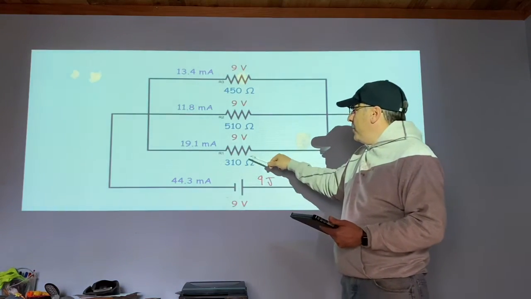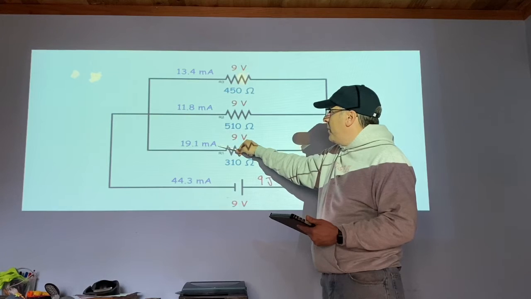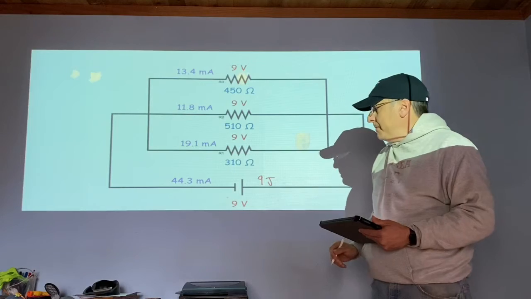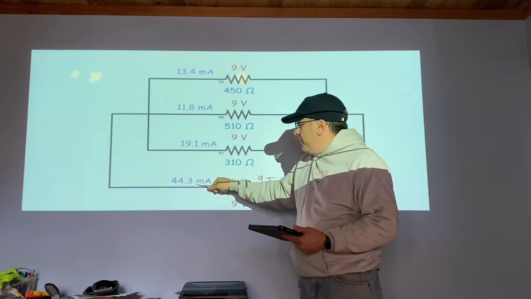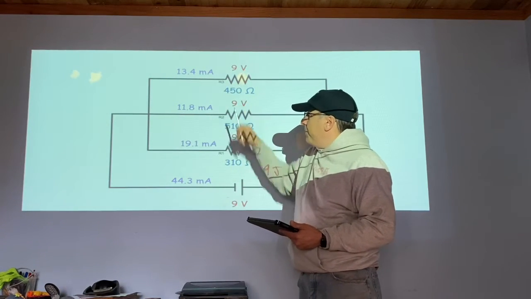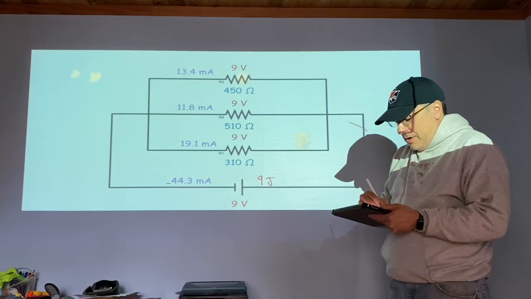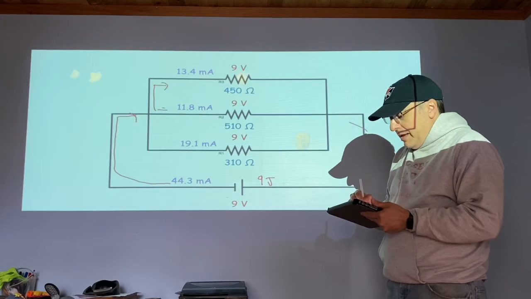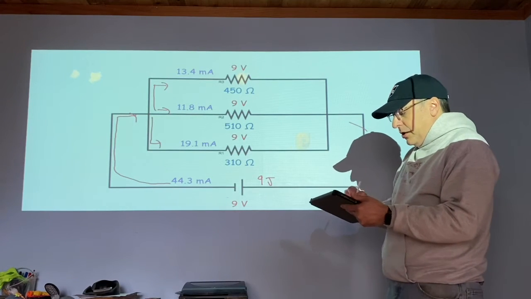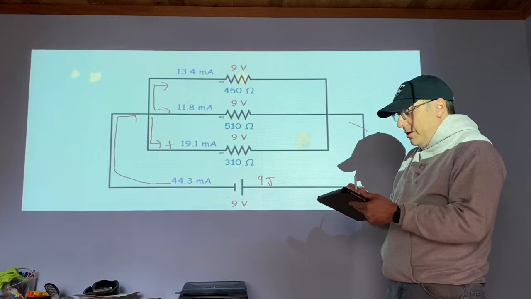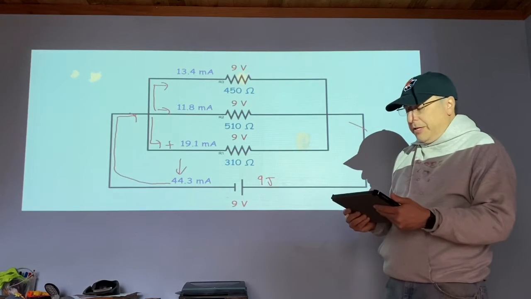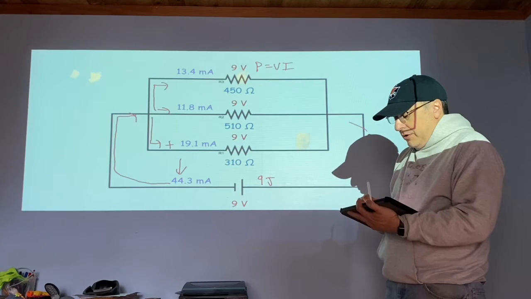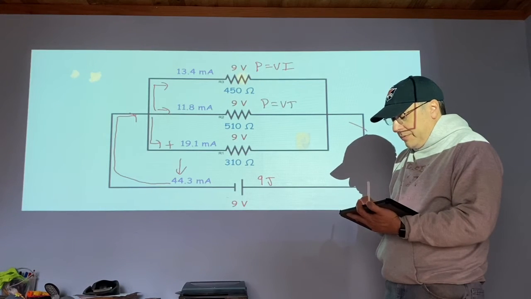So the path with least resistance gets the most current, and the one with the most resistance gets the least current. You'll also notice the current of the battery will be the sum of the 3 individual currents, because whatever current came out had to split up into the different paths. So if you add these 3 up, you'll get your total. That will always be true. Again, if you want to find the power at any spot, you just do power equals voltage times current.